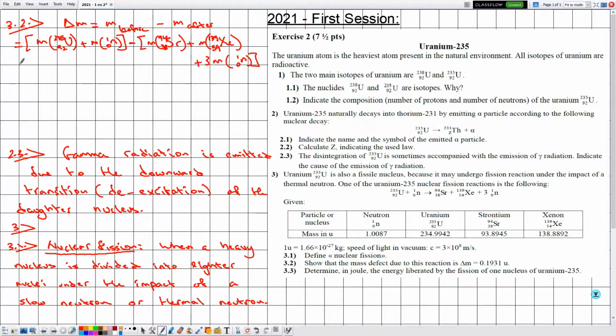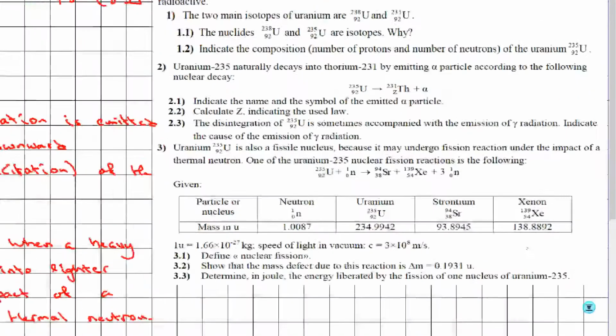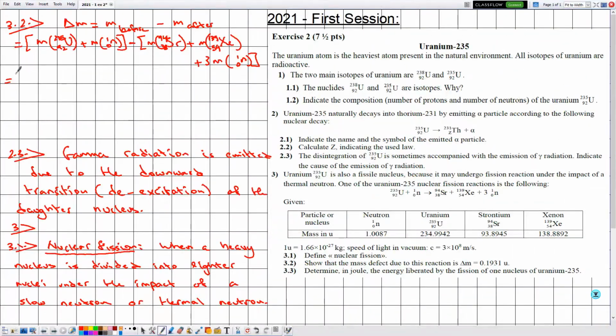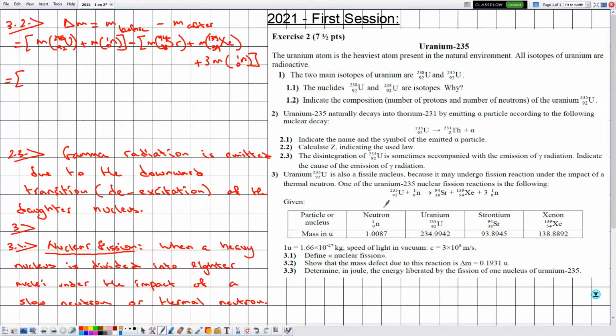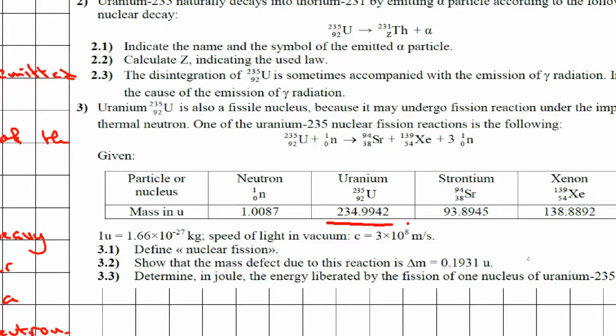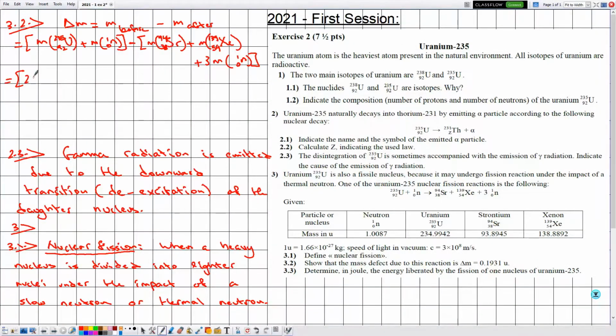And now all of these masses are eventually given in the table. Then let's start. So here we have the mass before minus open bracket all of these. Now let's start with the mass of uranium, which is given by this number. Then here we should be very careful and include all the decimal values. Any rounding must be forbidden. Now the mass of that is given by that.